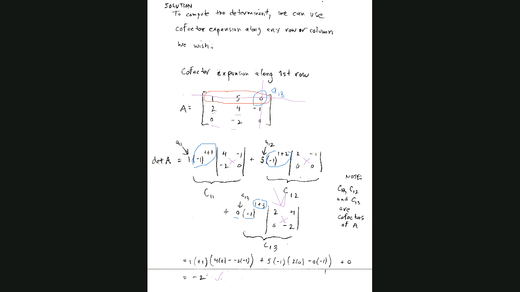And you notice, for the A11, the number 1, it was a positive 1. For the entry in the first row, first column, we had a positive 1. For the entry in the first row, second column, we had a -1.